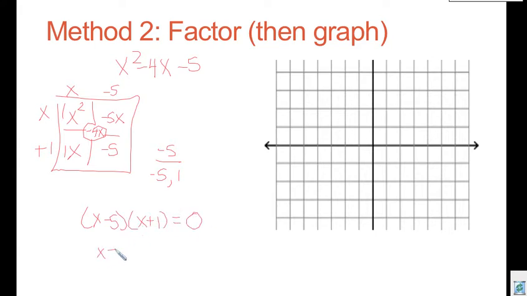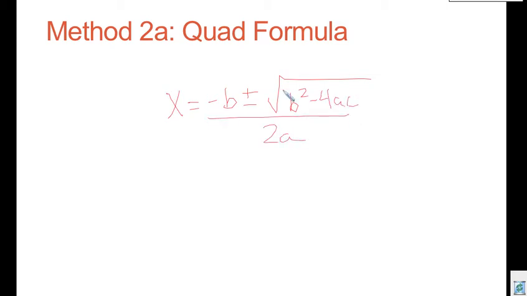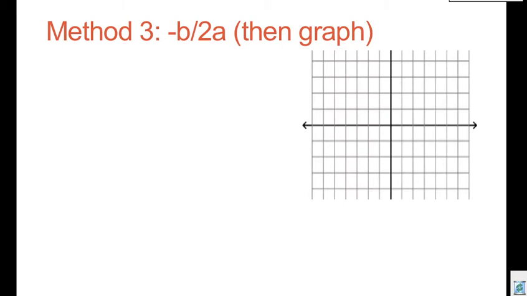So we have x equals 5 and x equals negative 1. The third method we could have done to find those is the quadratic formula, plugging into this, where you guys can take the time to do that, but I'm pretty confident most of you can plug in those numbers. So no matter what, we'll finish it up on this last one. We have negative 1, and 5 on the graph.